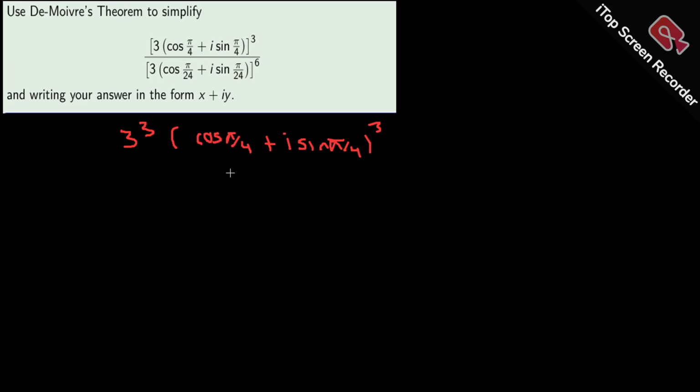Now, what am I trying to do here? Look at this. According to the rules of indices, you're supposed to maintain the same base. So I want to have the same base. This one, I want it to be the same as this one, or making this one to be the same as this one.